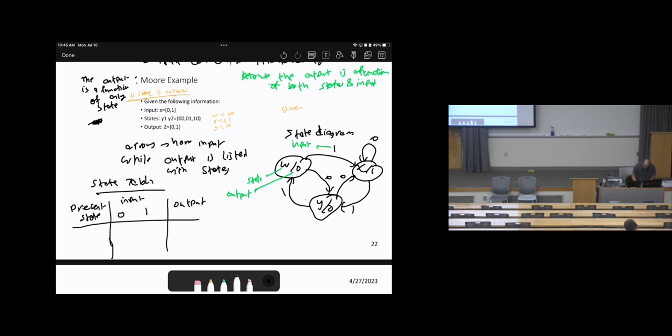So present states we have W, X, and Y. Now let's look at the state W. When we are at present state W, the output will be 0, right? So therefore, we will write 0 here. That's it for the outputs. Look at the state X, the output is 1. Whenever there is a state X, the output will be 1. Look at state Y, the output is 0, right? Therefore, the output is 0.